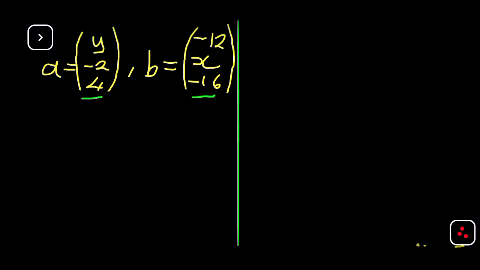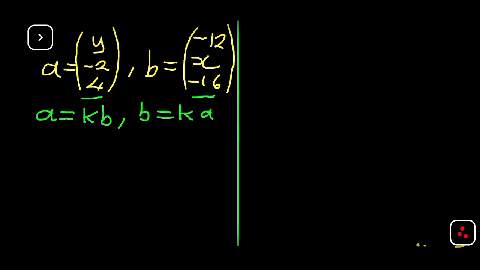So we know that if these two vectors are parallel, then a is equal to kb, that is, a is a scalar multiple of b.